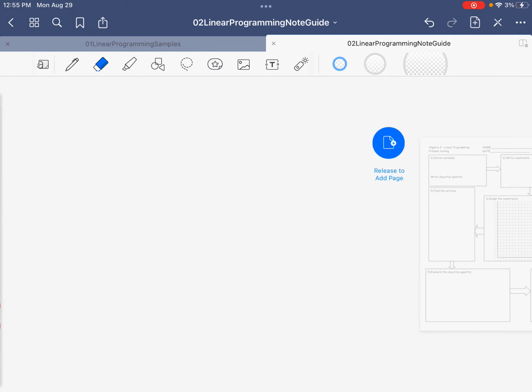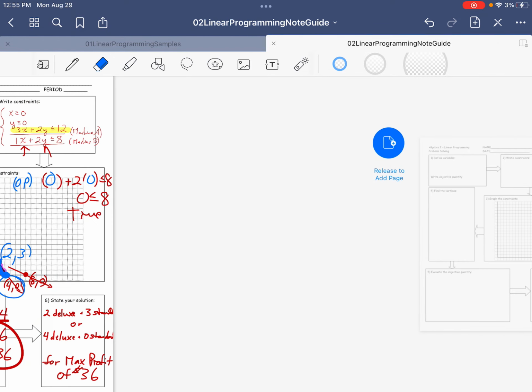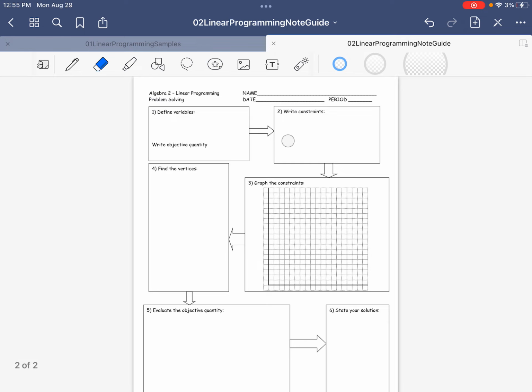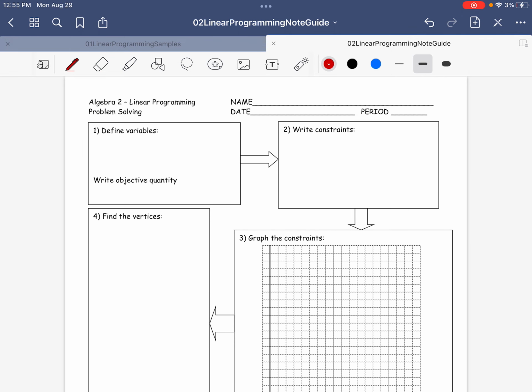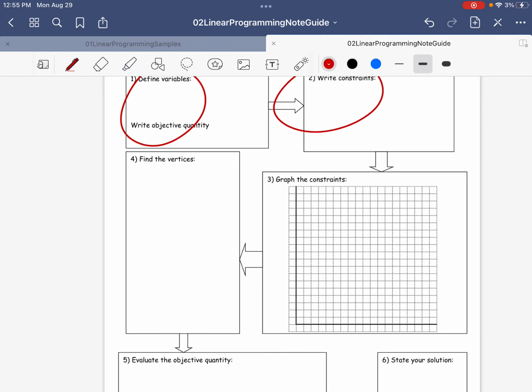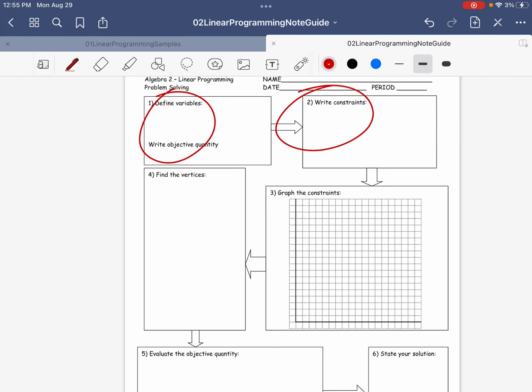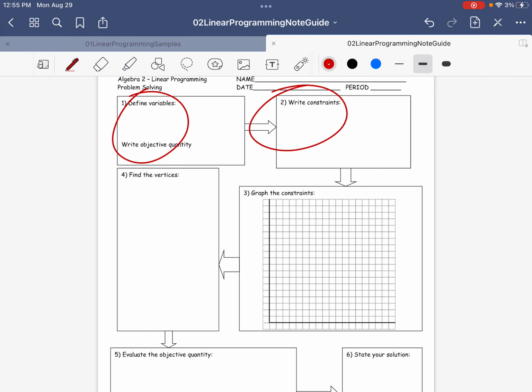So you're going to be doing step 1, which has two parts to it, and step 2. If you think you're right, you can continue with the rest of the problem. But as homework, I'm only asking you to do step 1 and step 2, because we will continue with the problem tomorrow. We'll basically finish the problem.